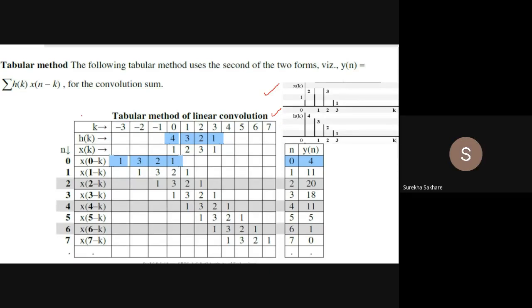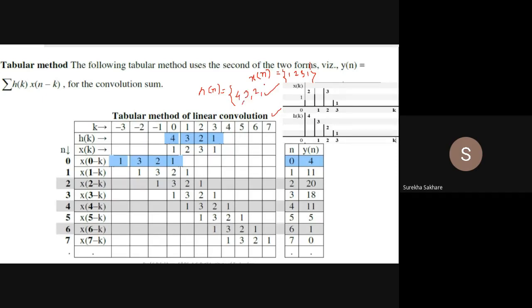Okay, fine. Now, referring to the same example that we had, I called this xn, and the samples were 1, 2, 3, and 1. hn you had 4, 3, 2.